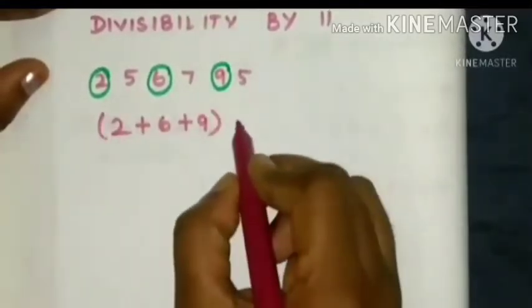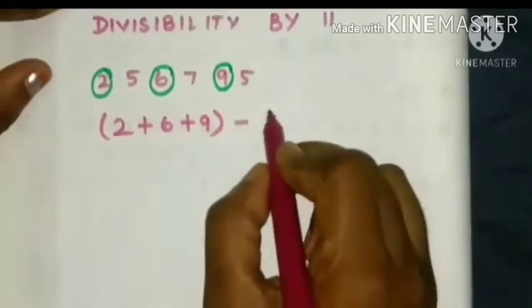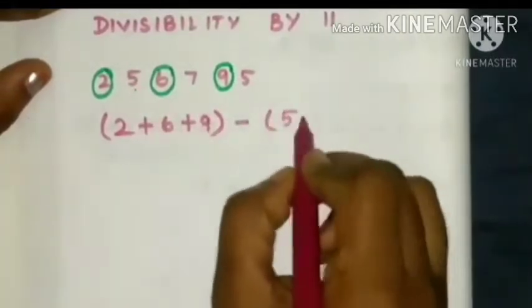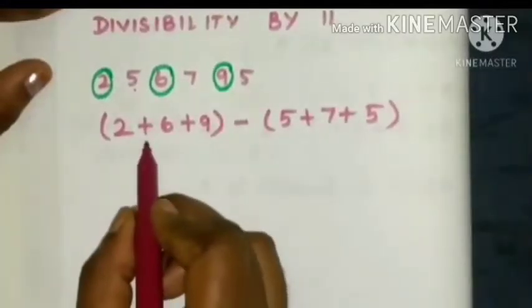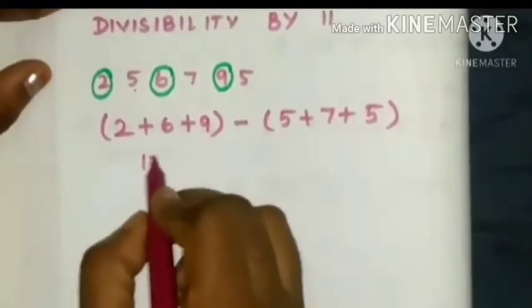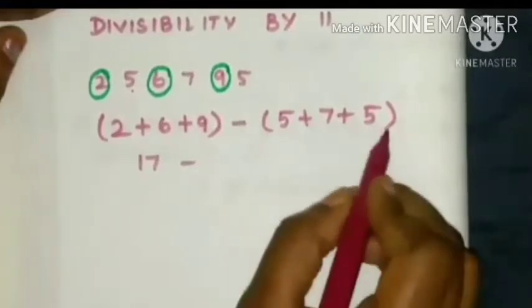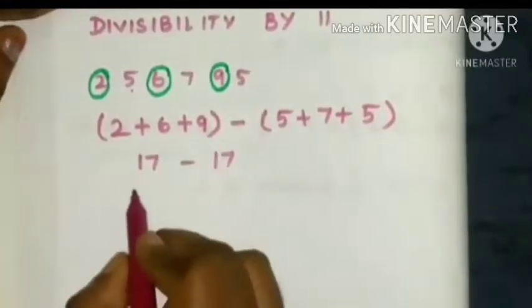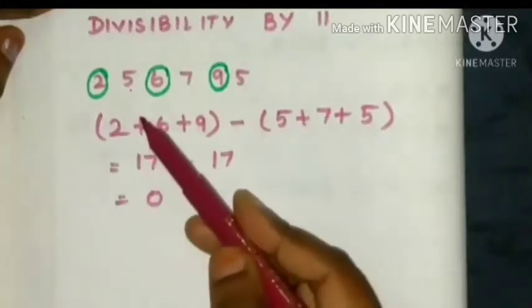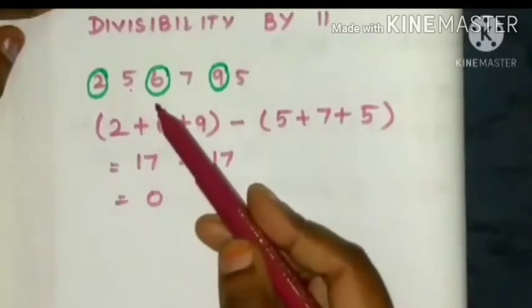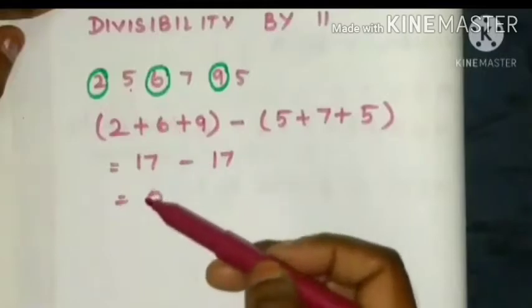Difference means what you have to find? Subtraction, minus. Then 5 plus 7 plus 5. 2 plus 6 plus 9 is 17. 5 plus 7 plus 5 is 17. 17 minus 17 is 0. So, 256795 is divisible by 11.